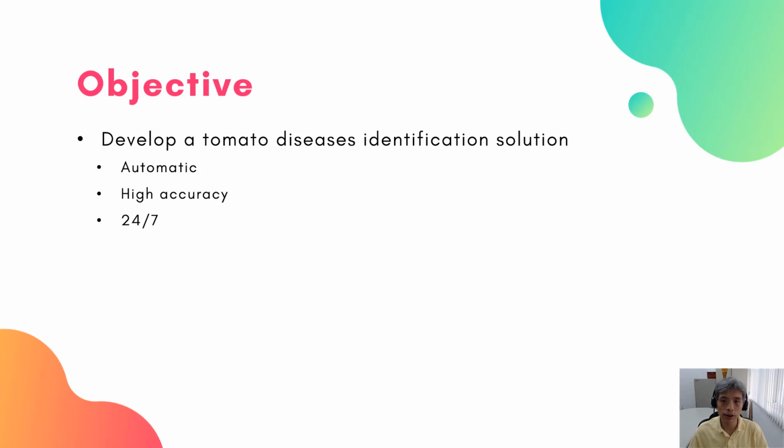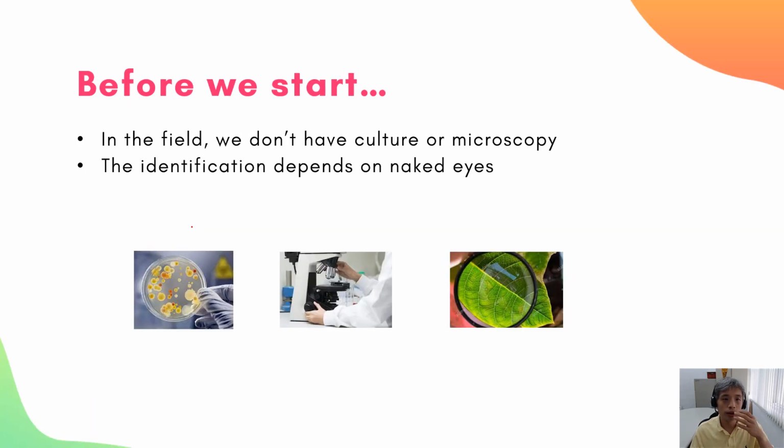So here we want to develop a solution for identifying the diseases in the field. This solution needs to be fully automatic, it needs to have high accuracy, and it has to provide the service 24/7. Before we start, we have to realize something. In the field, we don't have culture or microscopy that can help us.